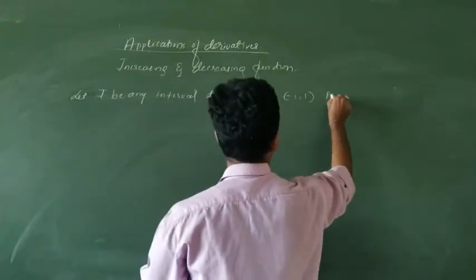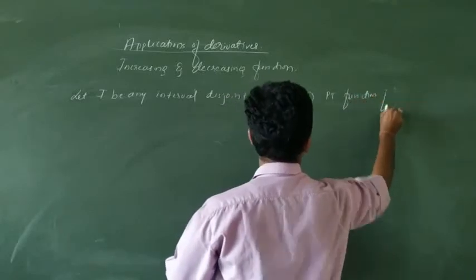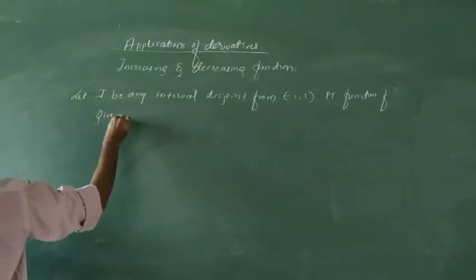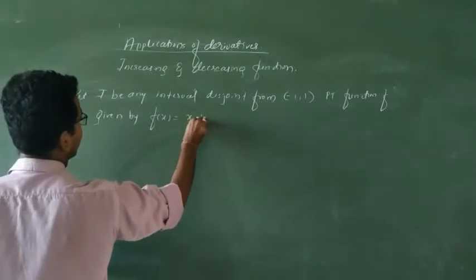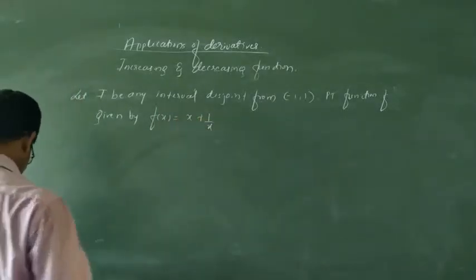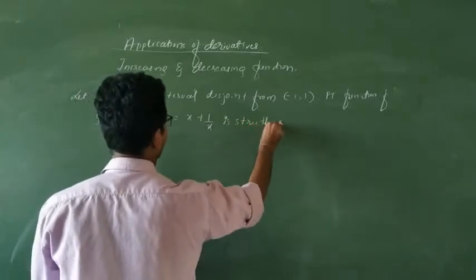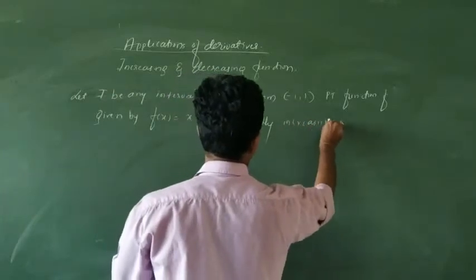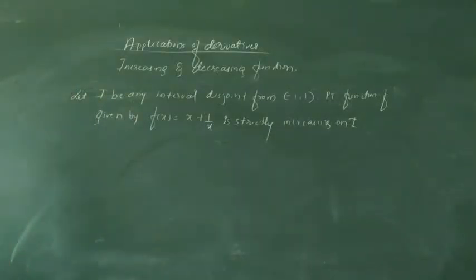Prove that the function f given by f of x is equal to x plus 1 divided by x is strictly increasing on I. So this is the example that you have to solve at home, and you have to be sure.